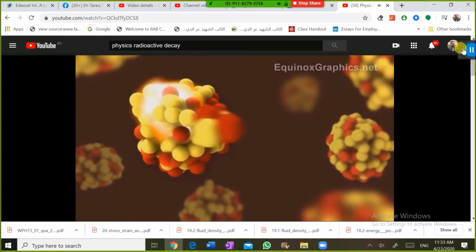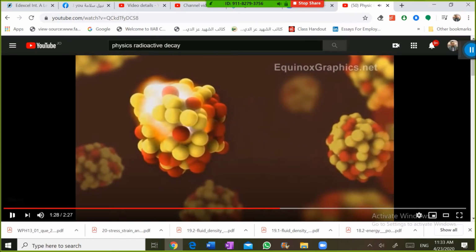The last radiation or last decay is gamma emission. As you see here, first of all, alpha is emitted, right? Then look at the nucleus now. What will happen to the nucleus?